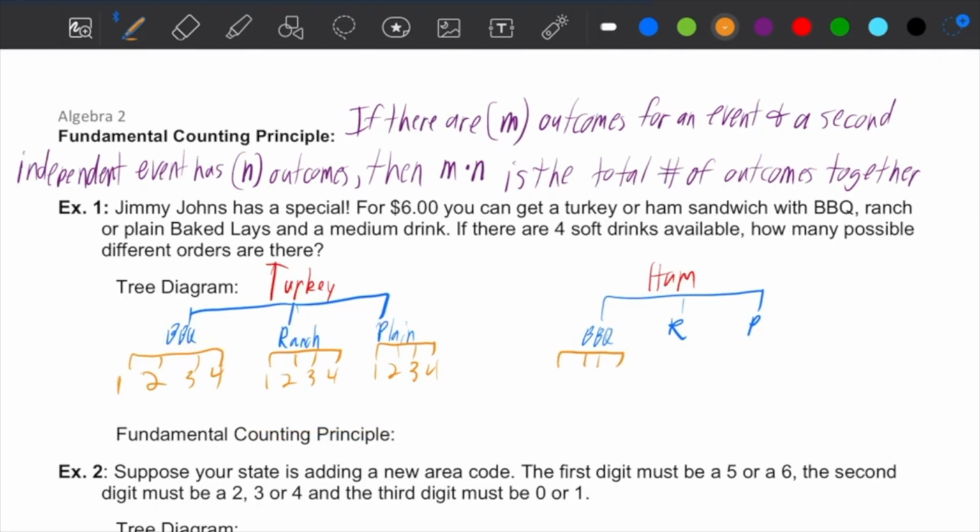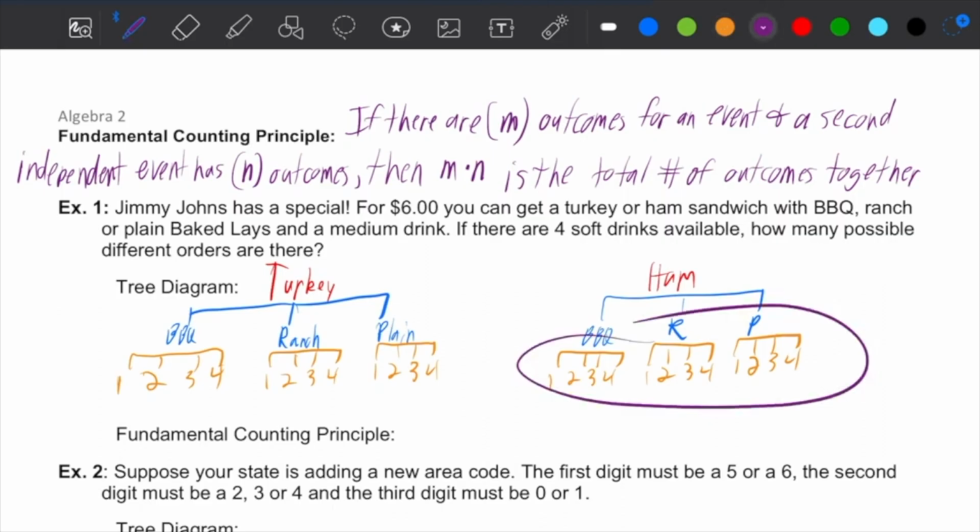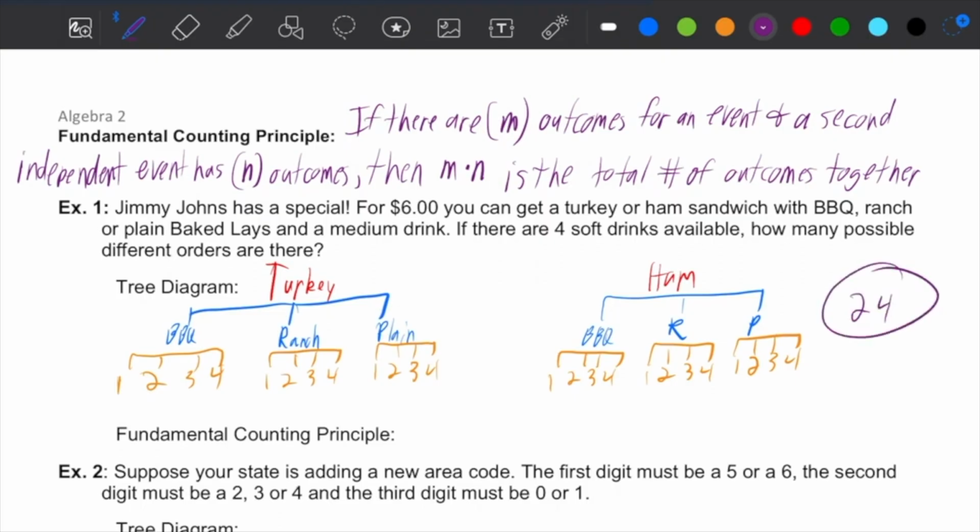And a ham sandwich, you're going to have the same thing. 4 different soft drinks for the barbecue chips, the same 4 soft drinks for the ranch, and the same 4 soft drinks for the plain. And so you end up having a total of 12 options, whether you choose ham or turkey, for a total of 24 outcomes. Now, that's a lot of work, a lot of drawing, a lot of mapping.